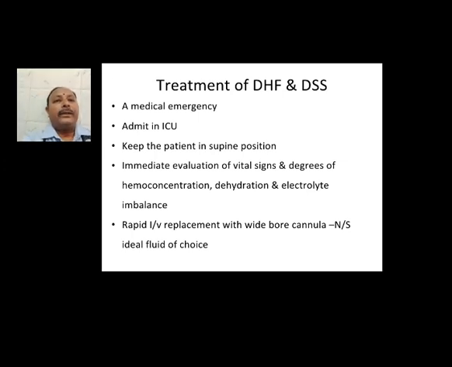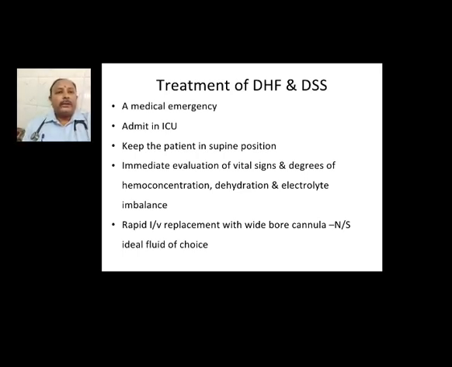This is a medical emergency. The patient should be admitted in ICU.